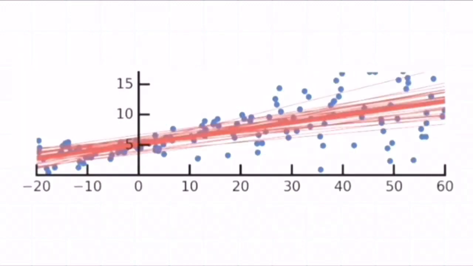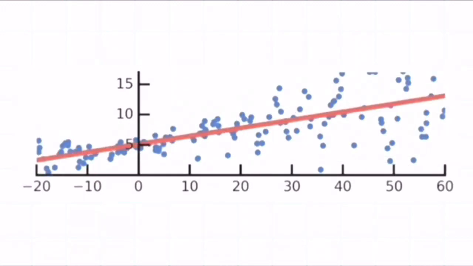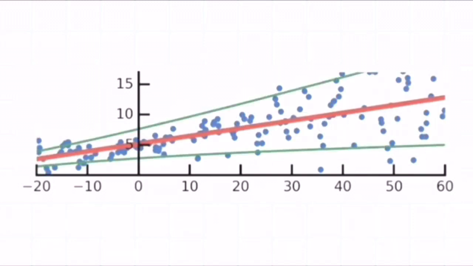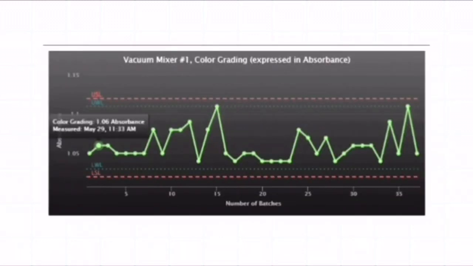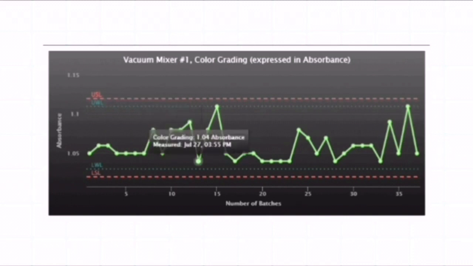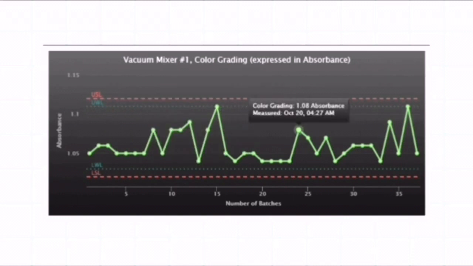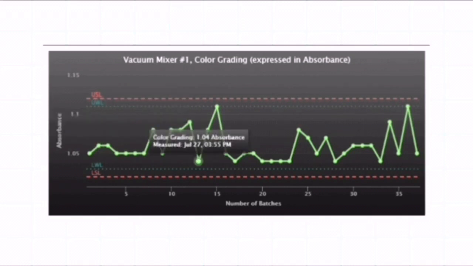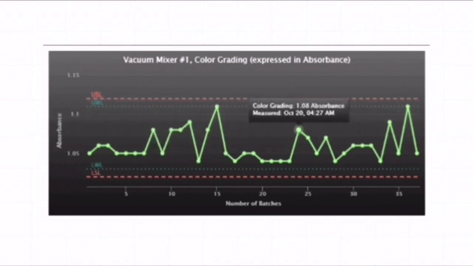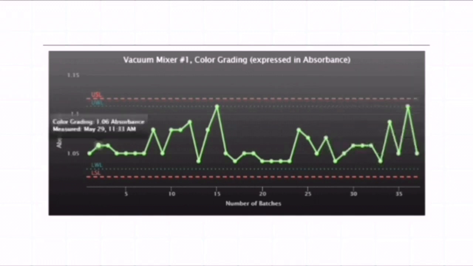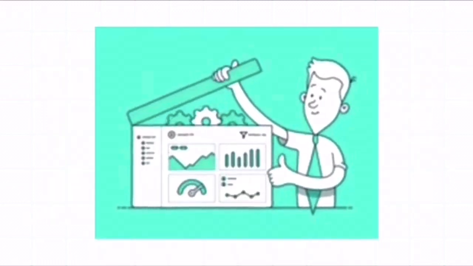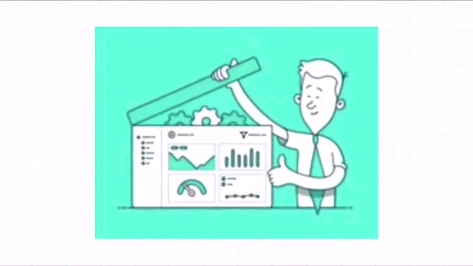Regression analysis, with which a functional relationship between a response and one or more independent variables is established. Statistical control, in which we will control and improve the process that might be out of control. And finally, we will also use statistical analysis in the design and analysis of experiments: planning, performing, analyzing, and interpreting tests with dependent factors.